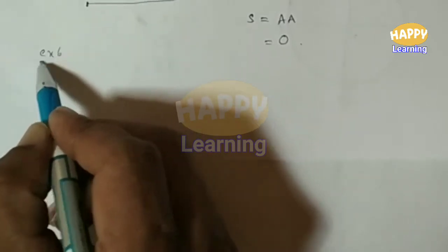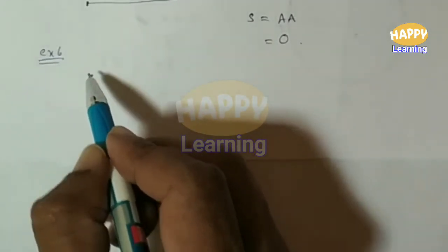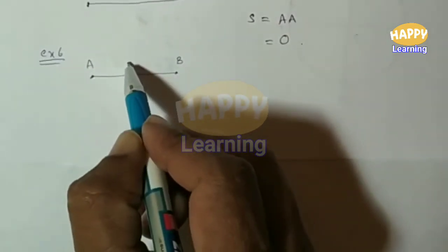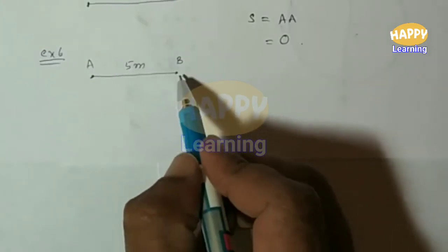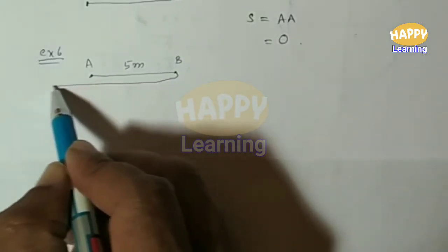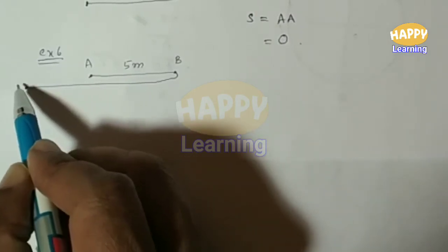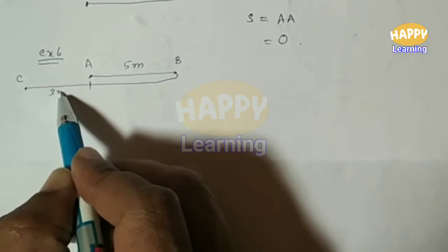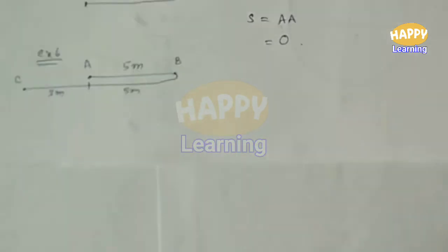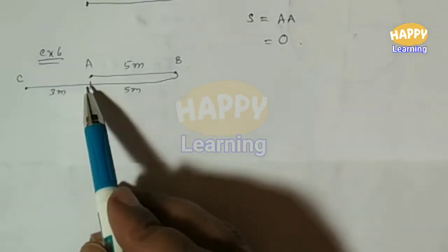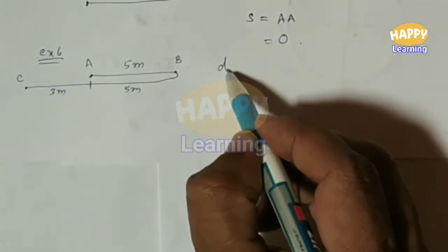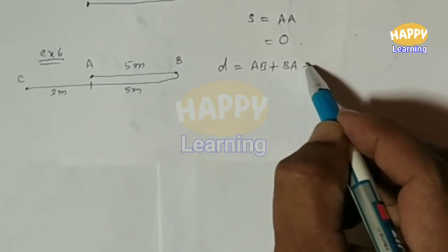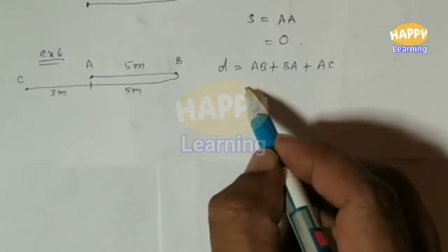Now example 6. A person started from point A and reached point B, let it be 5 meter, and returned back to a point C, which is behind A. So from A to B, then B to A, and continued from A up to C. In the return journey, continued up to point C, crossed A and then up to C. Distance D is equal to AB plus BA plus AC.